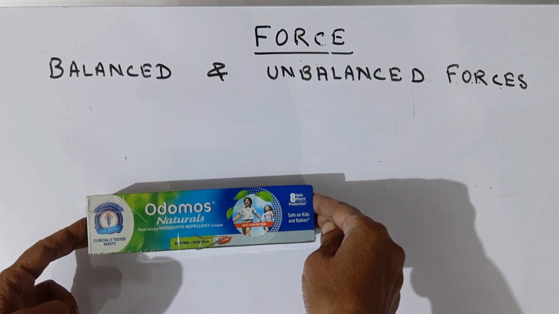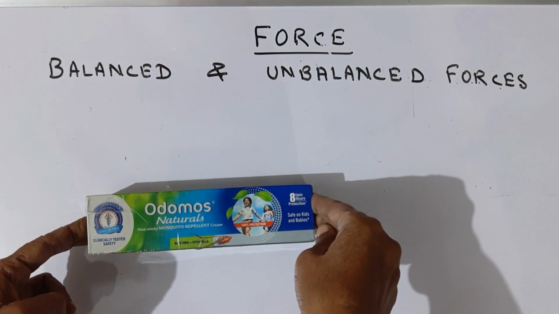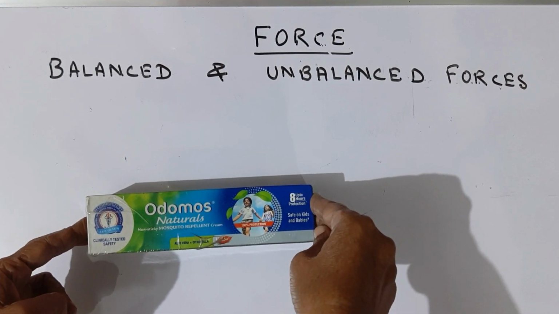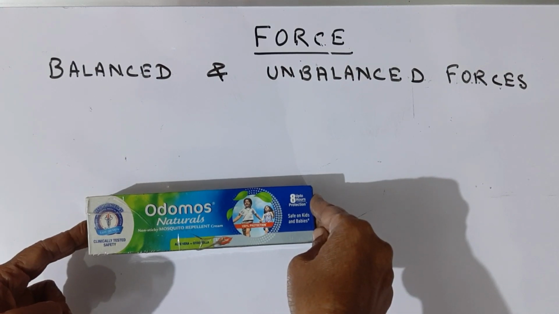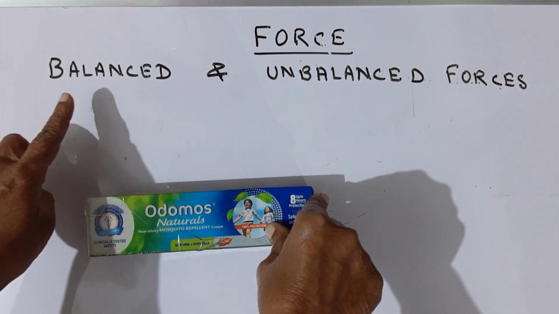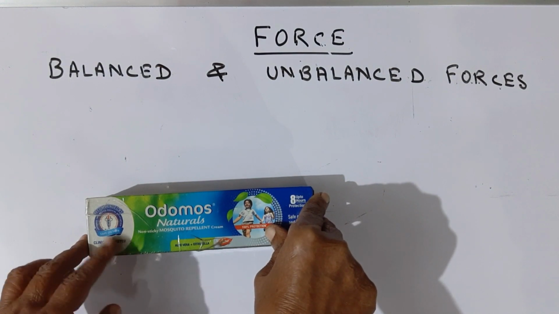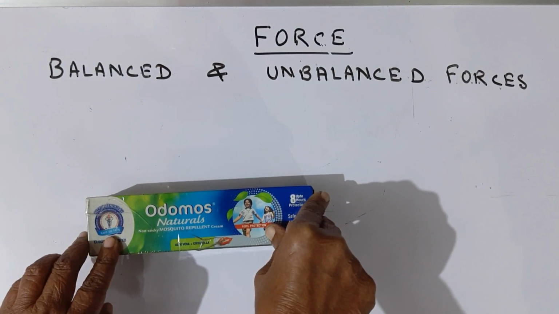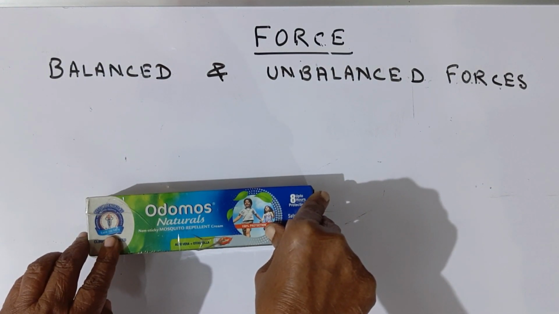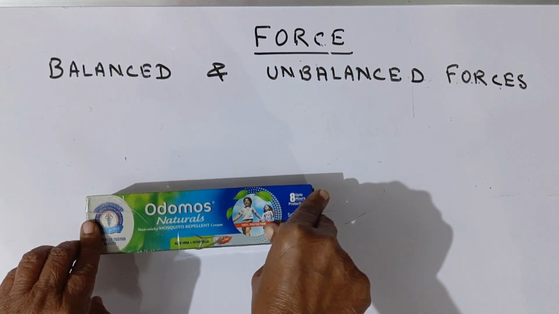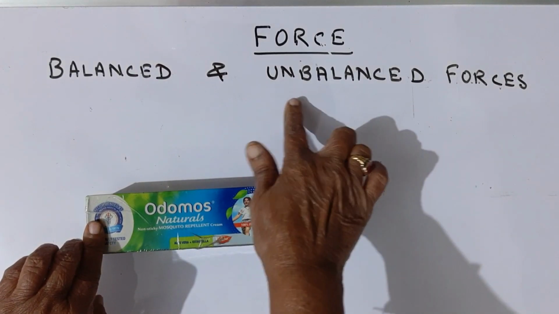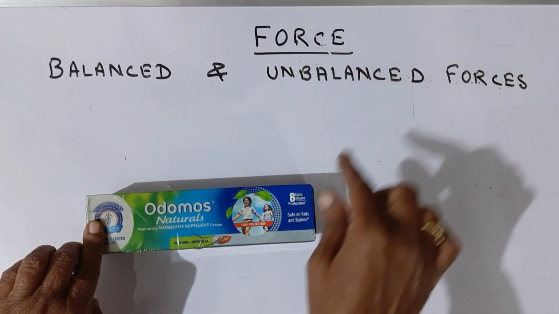And if there is no change in the motion of the object, or there is no acceleration produced, then we say that the forces are balanced. Otherwise, if there is a change in the motion of the object, or if there is an acceleration produced, then the forces are said to be unbalanced forces.